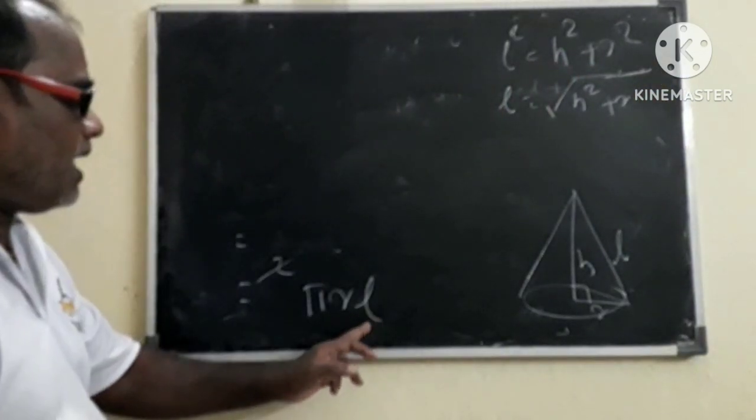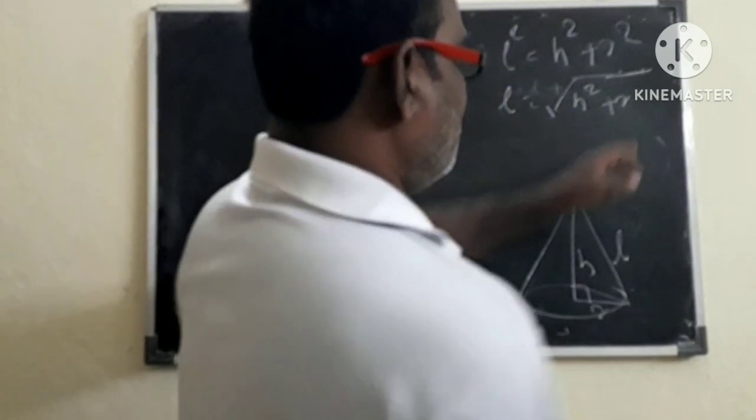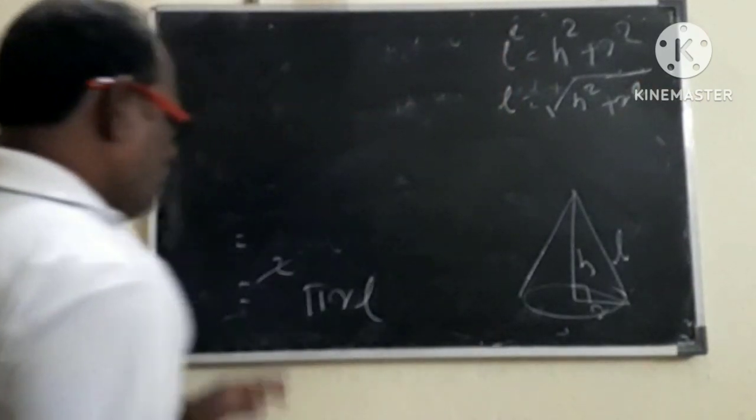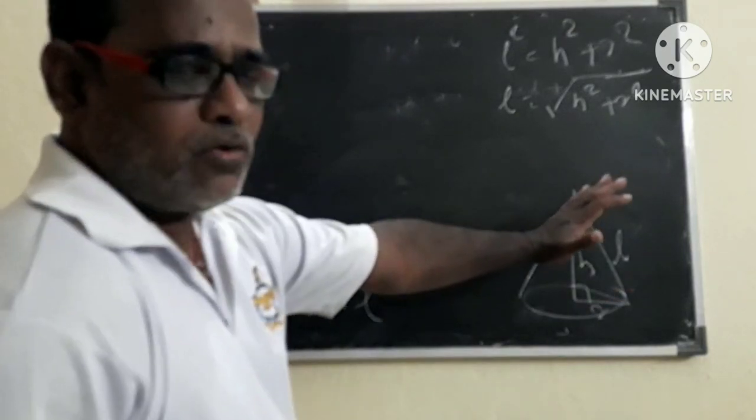So instead of L, we can write root over h square plus r square. So this is the curved surface area of a cone.